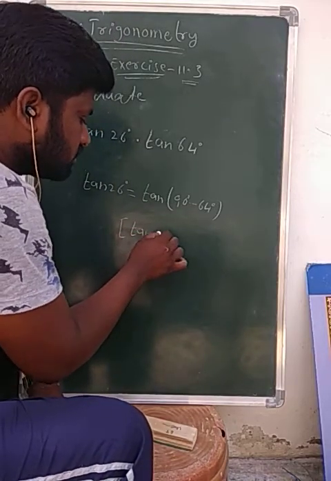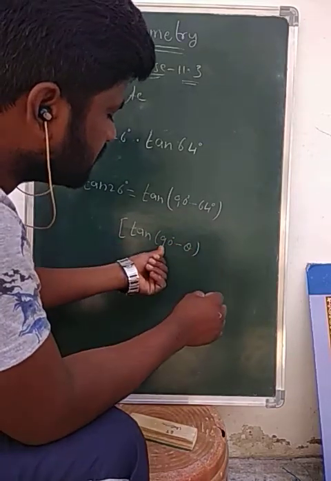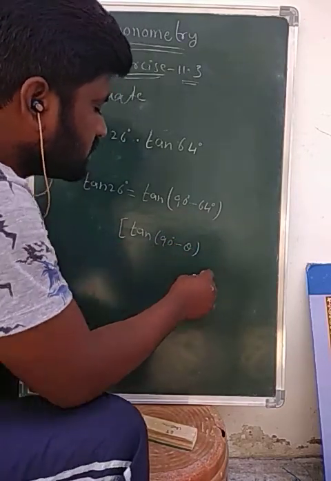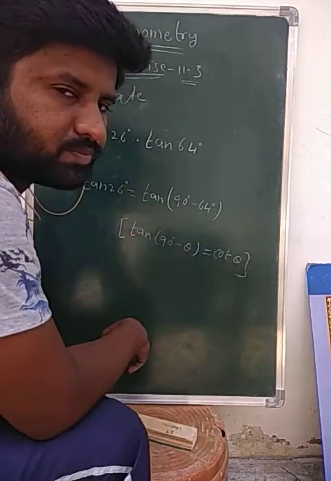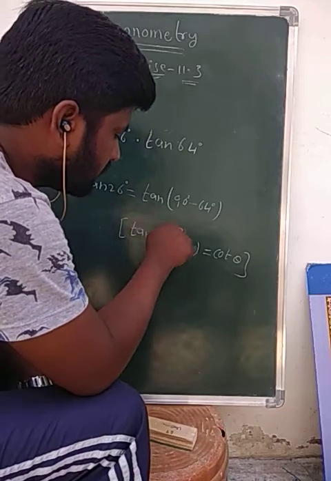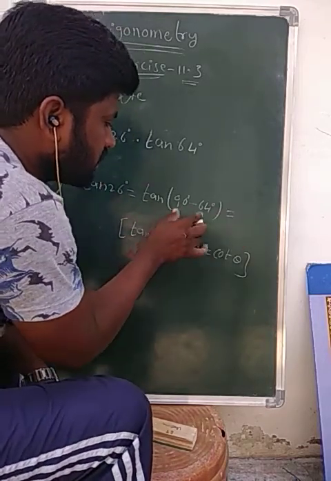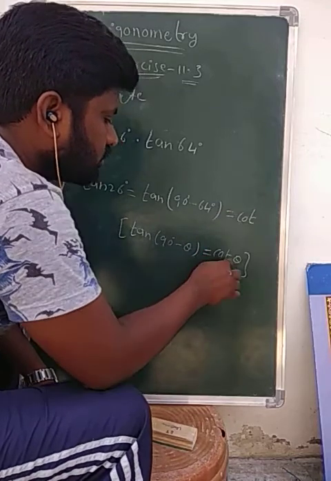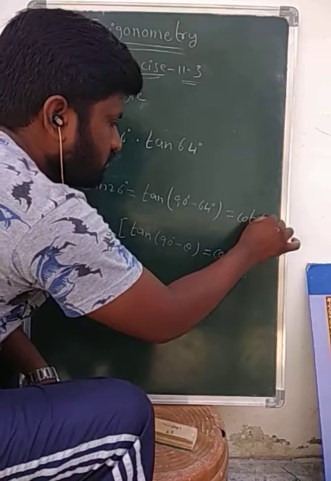Tan of 90 degrees minus theta is equal to cot theta. So tan of 90 minus 64 we can write as cot 64 degrees.